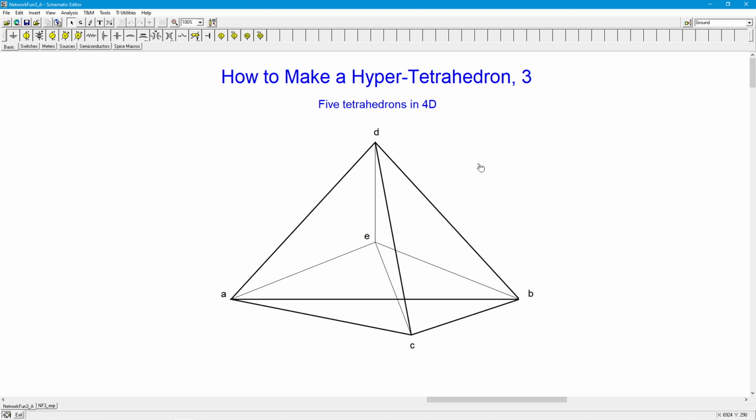Okay. Now here comes the fun part. And that's not analyzing it, which is fun enough. But the fun part now is trying to draw this in your simulator. Because as I mentioned in network fun number 2, the simulators that we use, the electronic CAD stuff, are designed pretty much rigidly for this 2-dimensional representation.